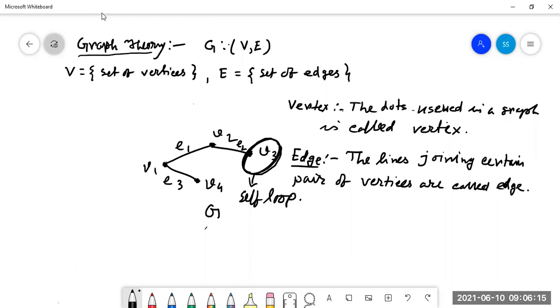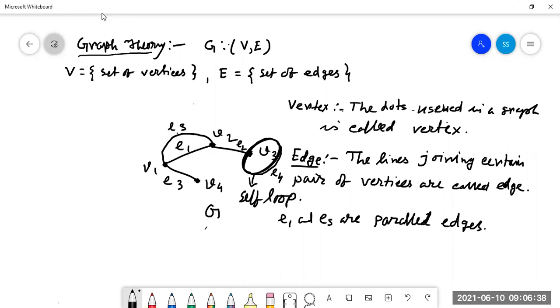If there is more than one path between any two vertices like this, we can say this is E4 and then this is E5. Here E1 and E5 are parallel edges.